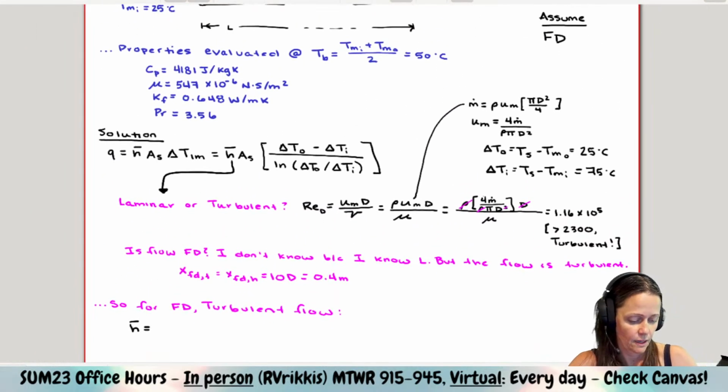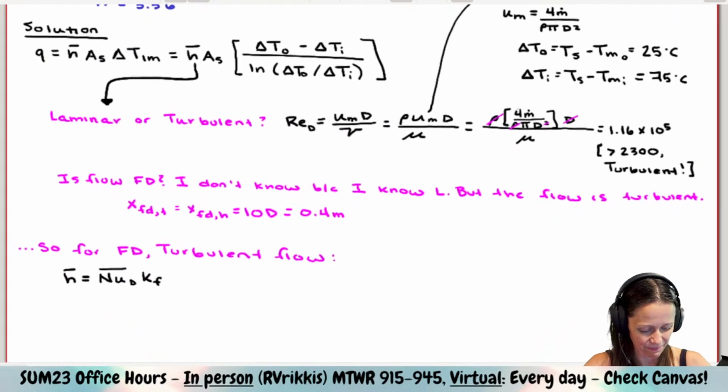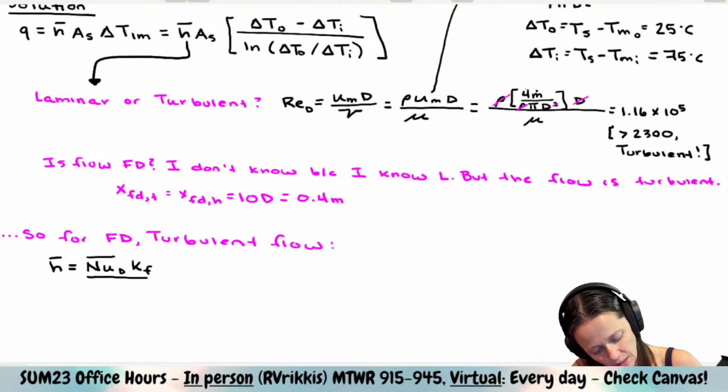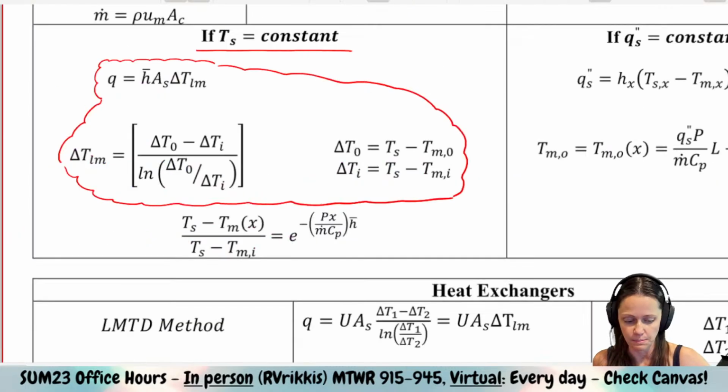We'll need our H bar, so this is going to be our average Nusselt number, times our thermal conductivity of the fluid, over our diameter. I'm going to be looking for an equation for fully developed turbulent flow. So let's go look at our equation sheet and see what fits the bill.